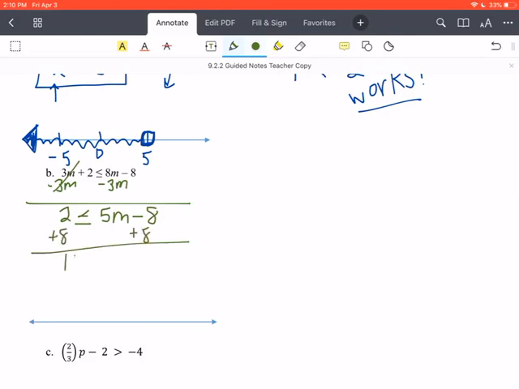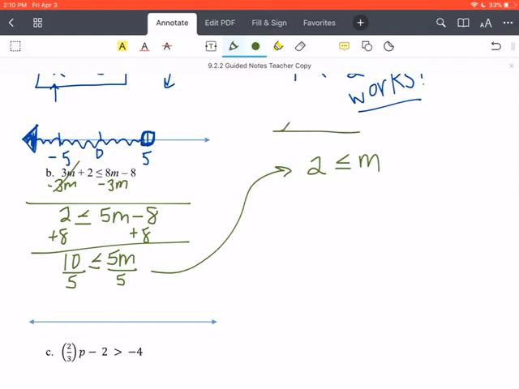Then I get 10 is less than or equal to 5m. To get m by itself, I divide by 5. Since 5 is not negative, I do not change the inequality symbol. So I have 2 is less than or equal to m. If I leave it this way, I might be tempted to shade in the wrong direction.